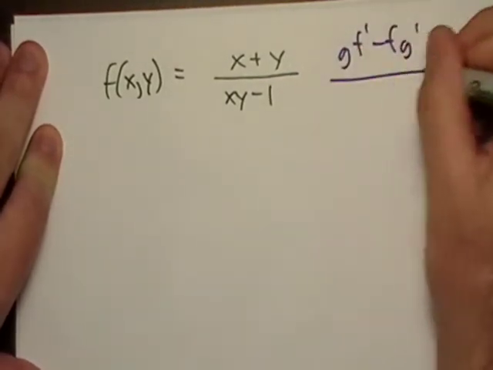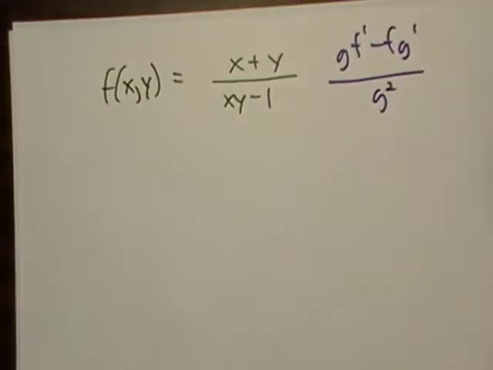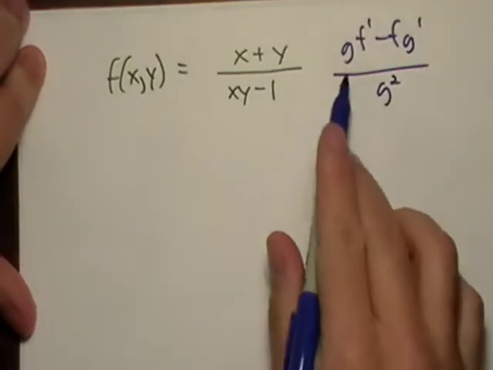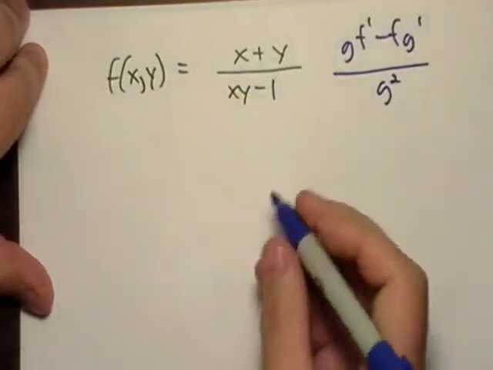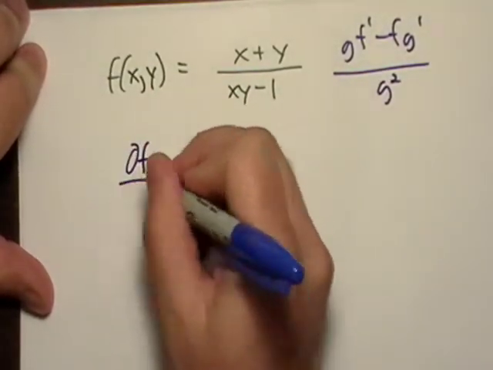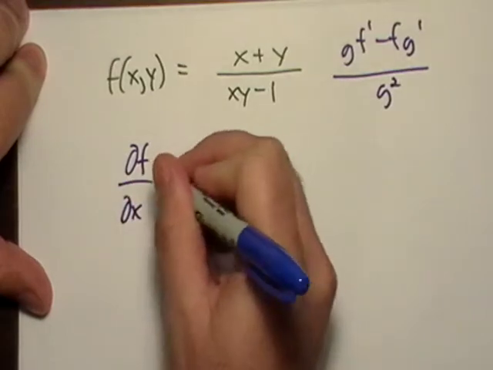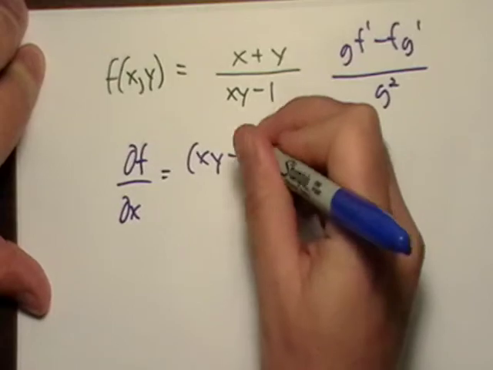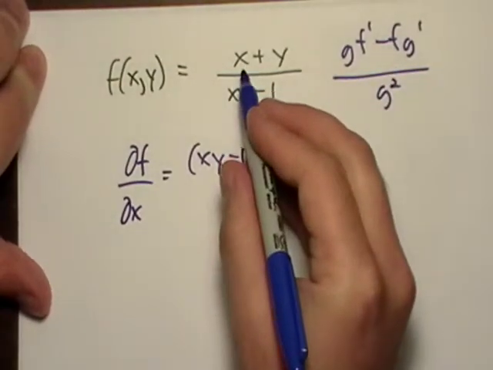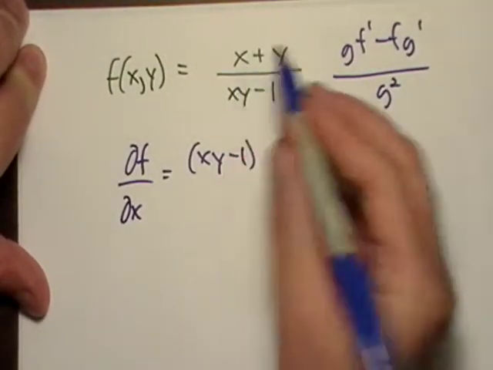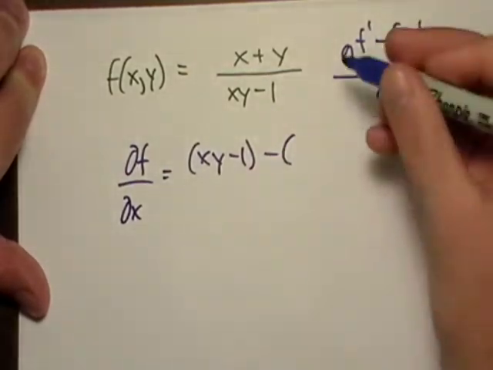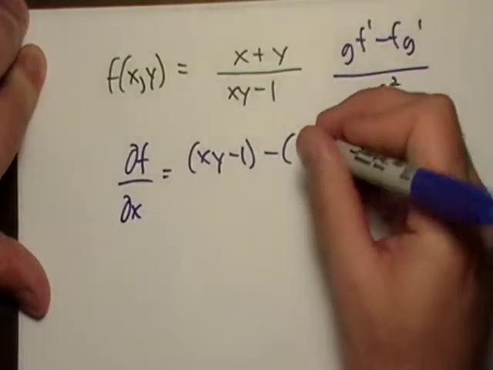I pretty much write this thing out every single time I do it. I think I only have time in the video to do the partial with respect to x. So it's regular g times the derivative of f with respect to x, which is just 1. So we'll just leave that. Then it's regular f, the top function.